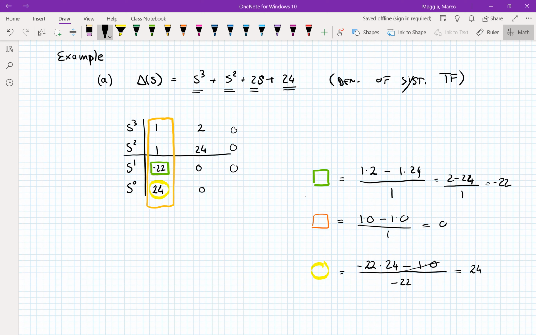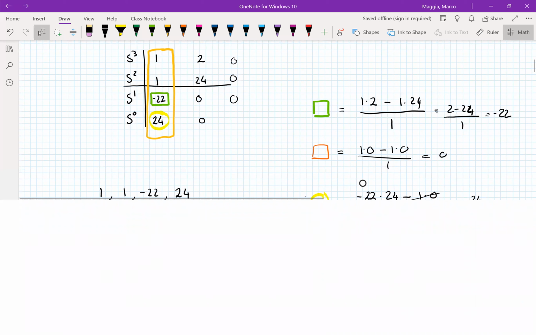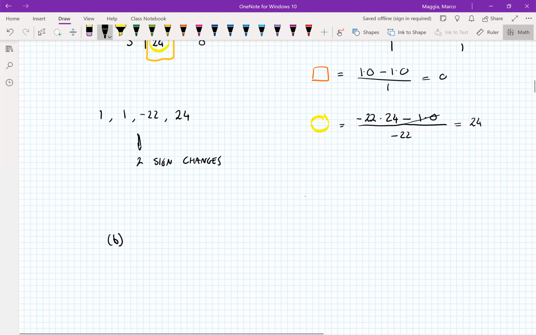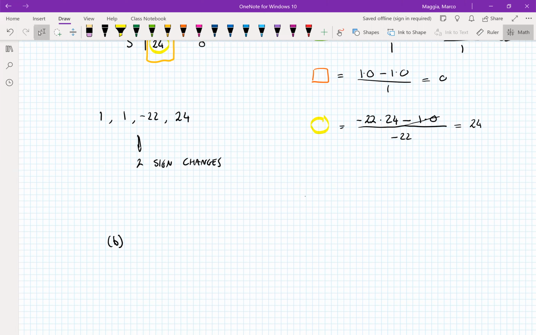Let's check the signs of these coefficients. We have 1, 1, so positive, and now we have minus 22, so one sign change, and then we have plus 24, so another sign change. So we have 2 sign changes, and I said it last time, but let me repeat it this time too. Every time you have a sign change in the Routh array, that represents one pole in the right-hand side of the complex plane.